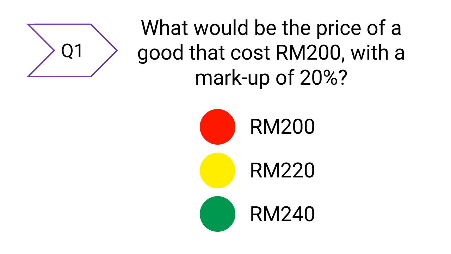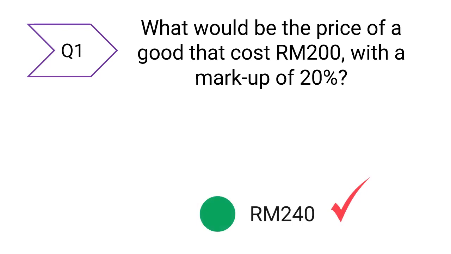So what do you think the answer would be? Is it the red circle, the yellow circle, or the green circle? Did I hear someone say the green circle? Yes, it is the green circle.